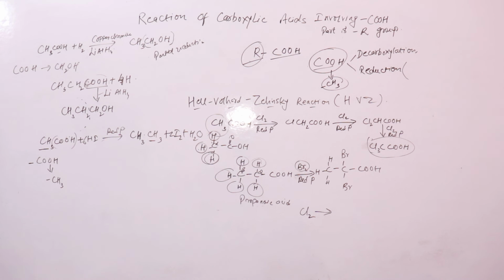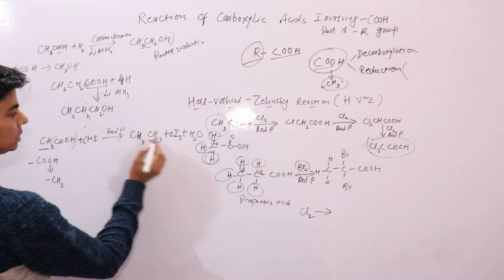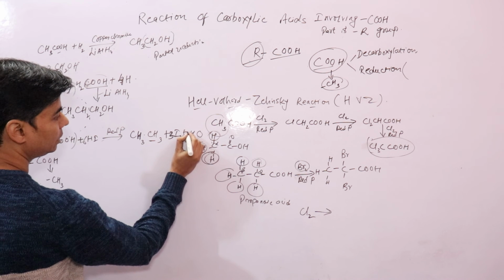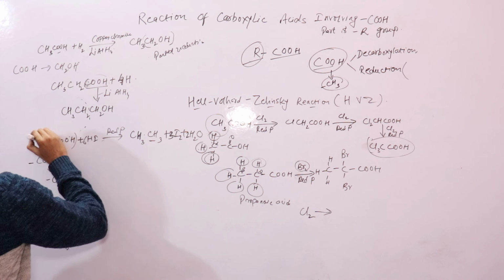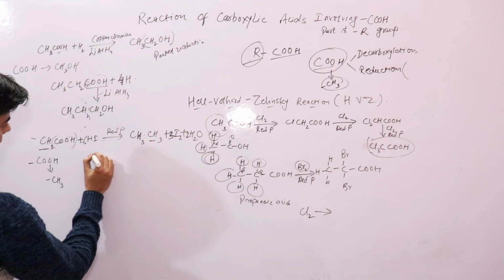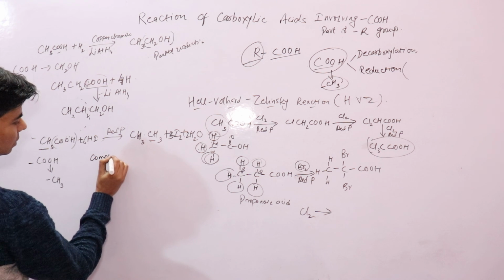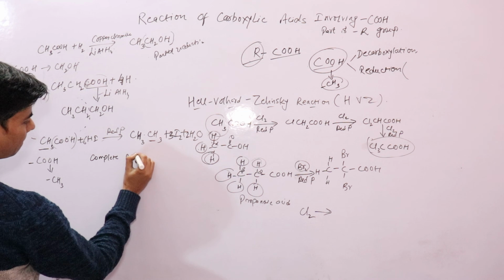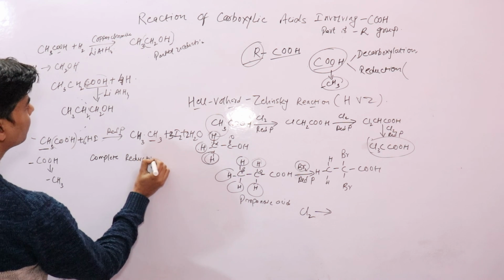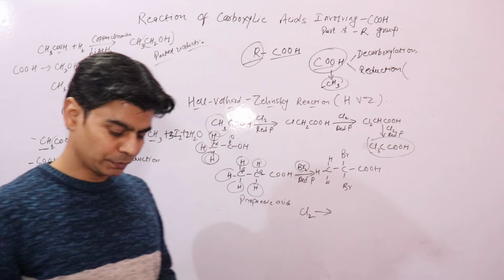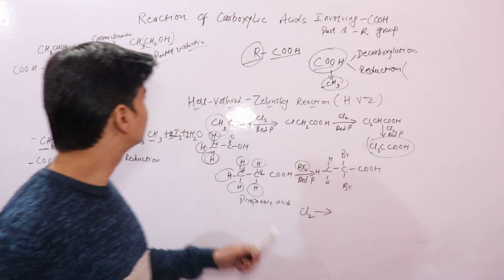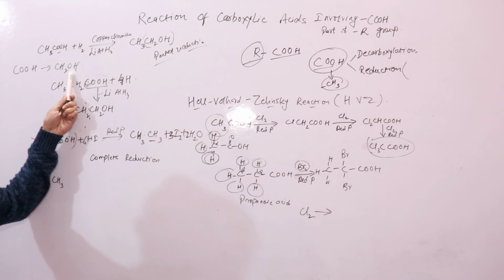Just balancing this equation, you have 6, so you have 3 here and 2 here, right? I hope all this is clear. So this is your complete reduction. And this is your partial reduction. In partial reduction, your COOH is reduced to CH2OH.